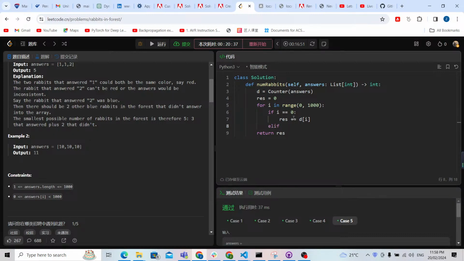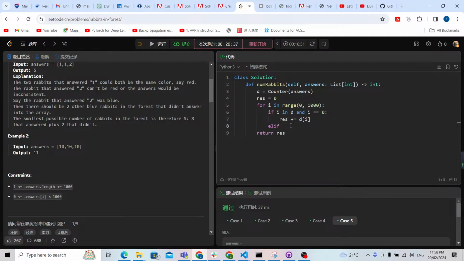And if it is not i equal to 0, because i equal to 0 must be inside the counter. If i is in d and i equals 0, it means 0 is inside the counter, so I'm gonna count it.